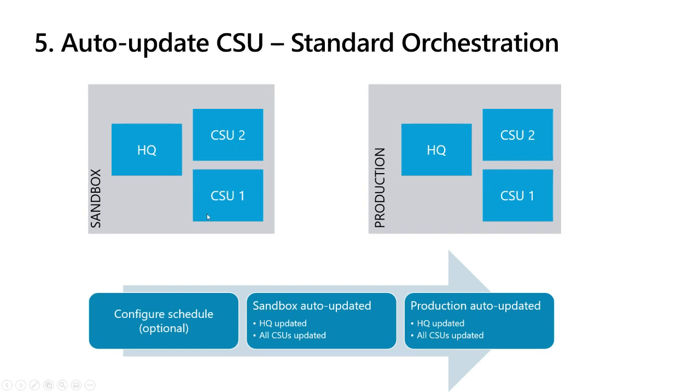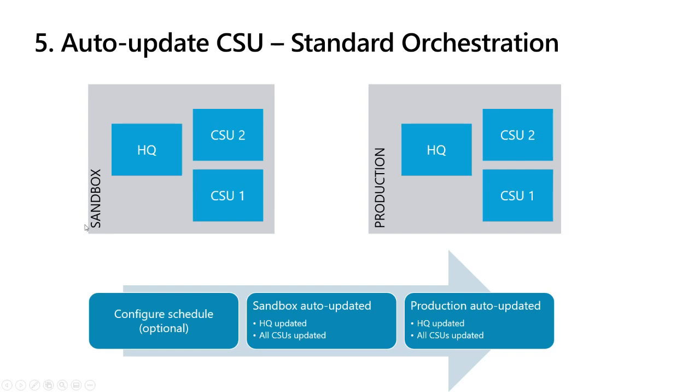In the standard orchestration flow, we'll first update your sandbox UAT environment, and within it, we're first going to update your HQ component, and then we're going to update one CSU in your sandbox UAT environment. So we're not going to update all of the CSUs in your sandbox UAT, only one, and it's going to be chronologically the first one that you have deployed in your environment.